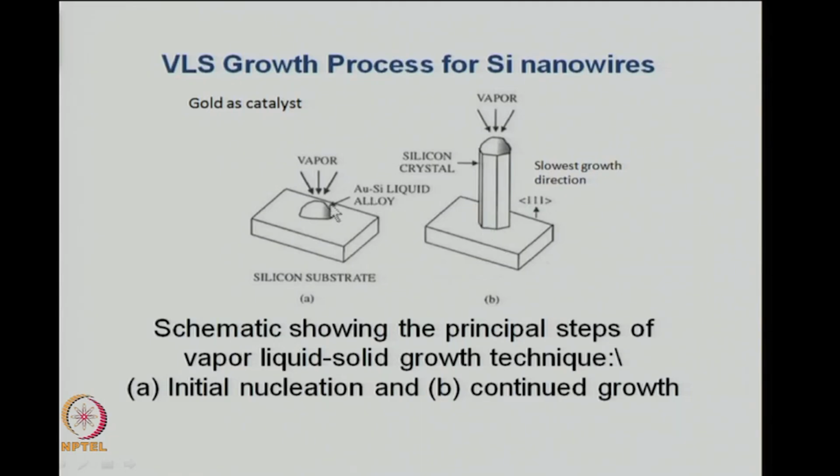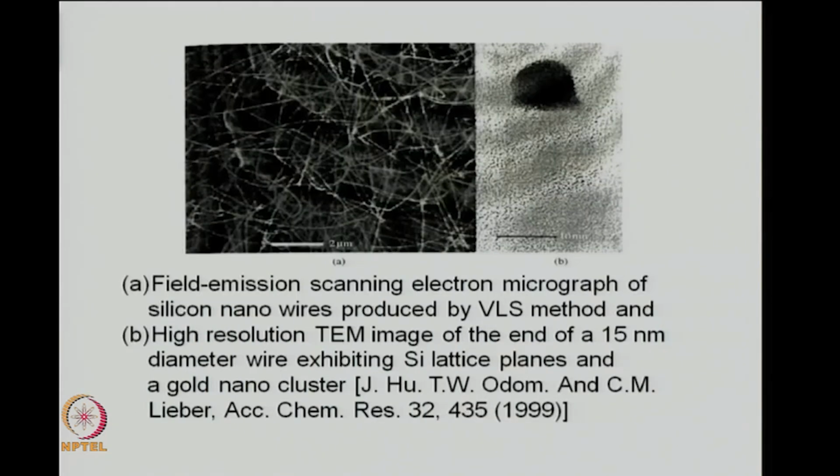So initially you have nucleation when the first precipitate forms, and then there is continuous growth till you stop the growth, either by increasing supersaturation or by some other means. So these are typically the TEM images of silicon nanowires.